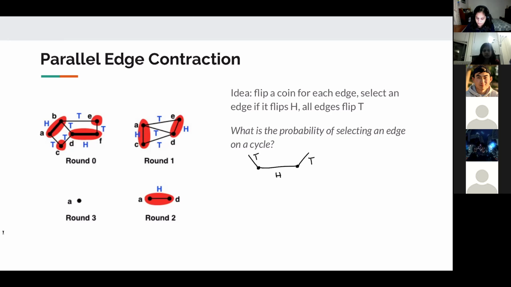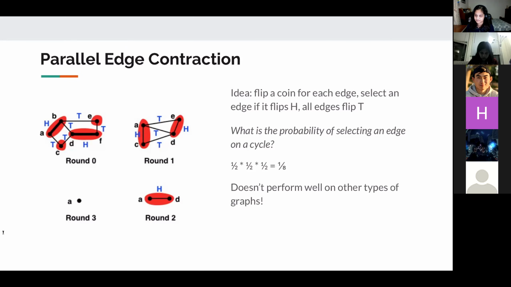So there's a 1/2 chance of this flipping heads. And then we want to consider all the other edges flipping tails. And there are at least 2 other adjacent edges. So we want the probability that those also flip tails, which is 1/2 times 1/2, so overall 1/8. So the probability of selecting an edge on a cycle ends up being greater than or equal to 1/8.